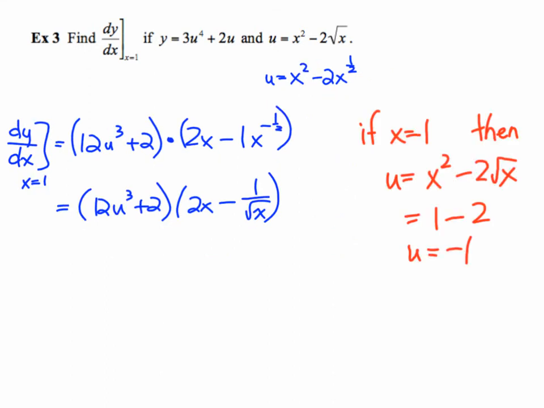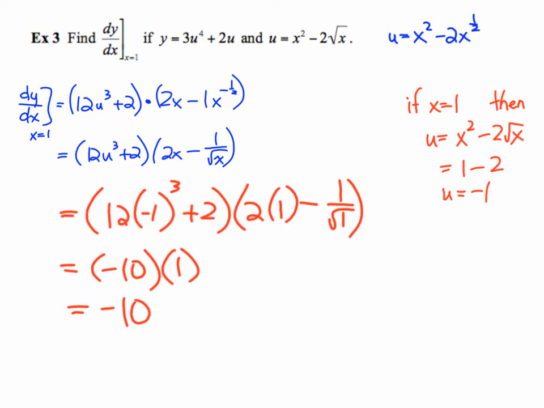So if x equals 1, sub it into x squared minus 2 root x. The value for u equals -1. So now I have a value x equals 1 and u equals -1. Subbing both of these into the expression because I'm going to get a numerical value in the end.